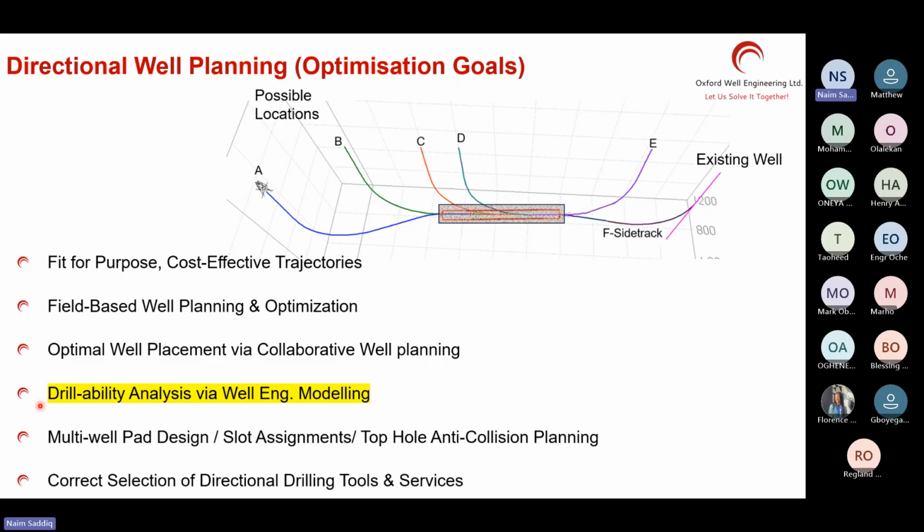And what I highlighted here is a very big thing: you can draw any trajectory you want, but you need to run it through the well engineering models. This is exactly what we should do. When you draw any trajectory, take the trajectory and plug that into well engineering models so that you can see if it is easy to drill. Is the torque deliverable? Can you handle the standpipe pressures?